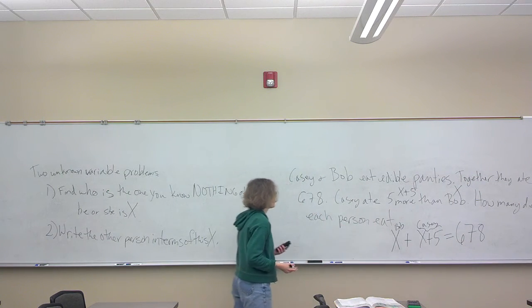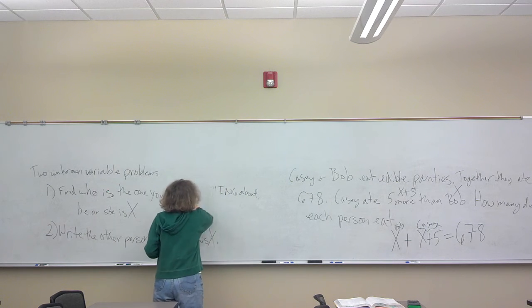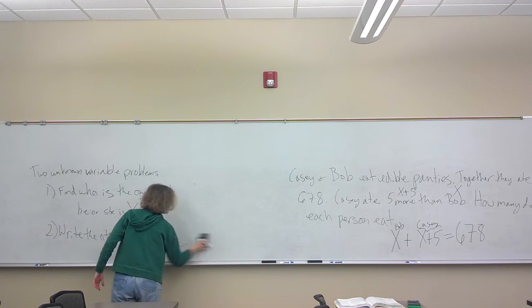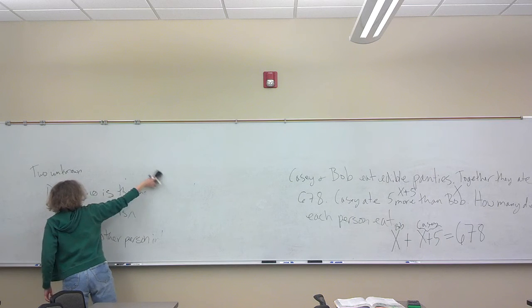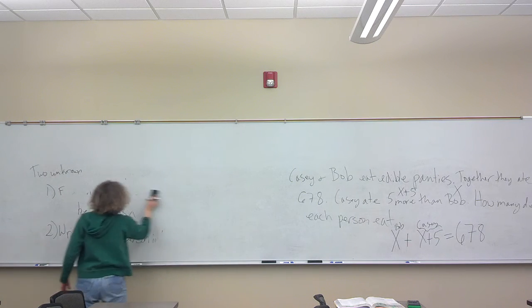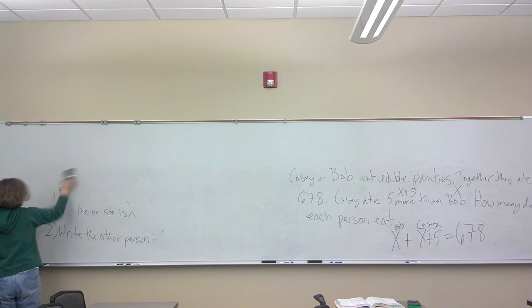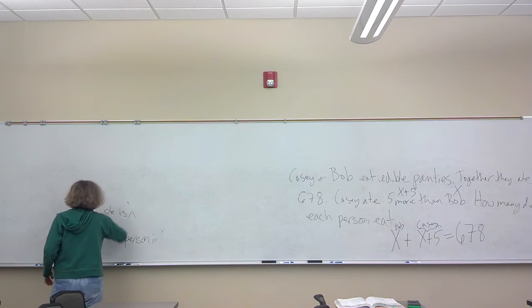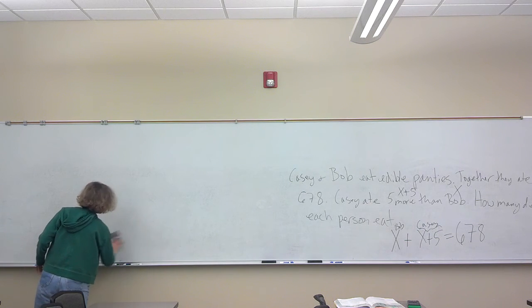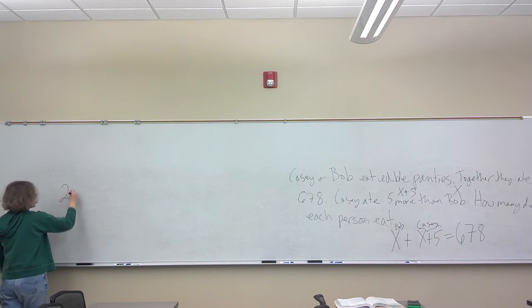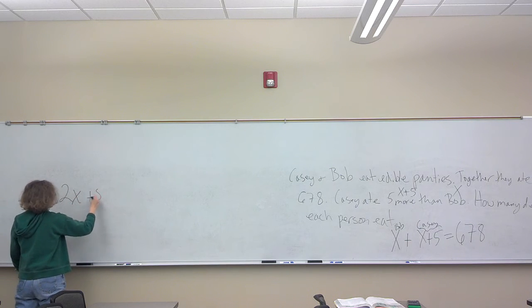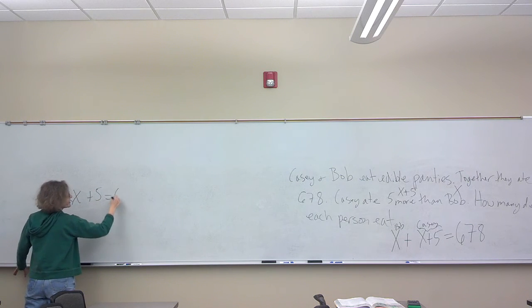So now once we have our problem, we just solve it algebraically. So we got x plus x plus 5 equals 678. So we got 2x plus 5. I'll just combine the x's.